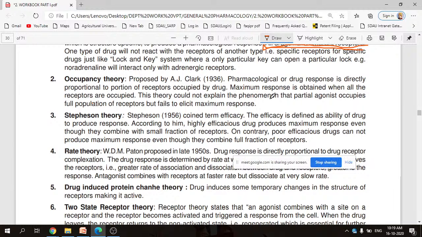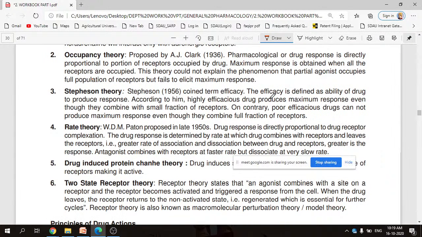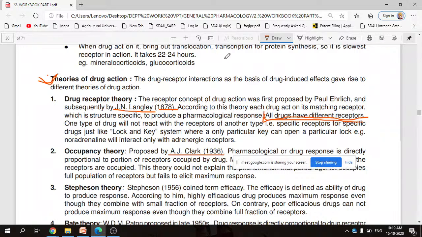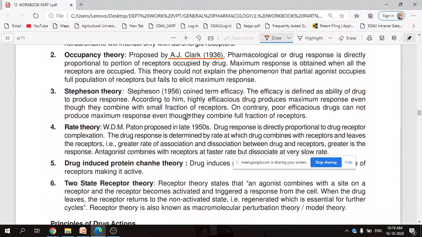Now, the second theory, occupancy theory, was proposed by A.J. Clark in 1936. That is after, you can say, 50 or 60 years of the first theory. The first theory was proposed in 1878. So after five decades, another scientist, A.J. Clark, proposed the occupancy theory.